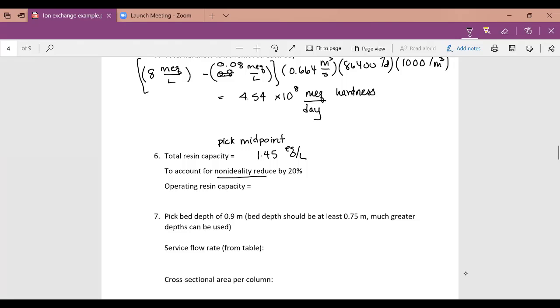And the manufacturer also recommends that you reduce that value by 20% to account for non-ideality, so imperfect removal. So that would make an operating capacity. If you remember, we had talked about theoretical or total capacity and the operating capacity. And the operating capacity is what you actually achieve.